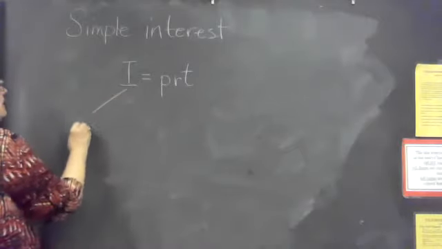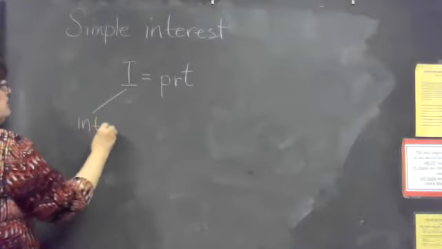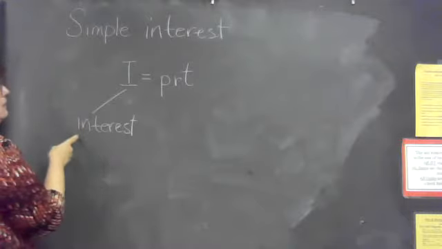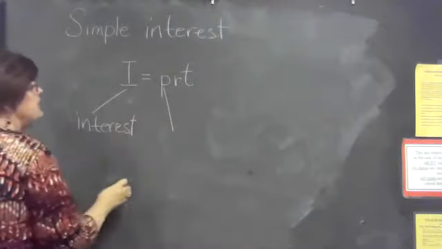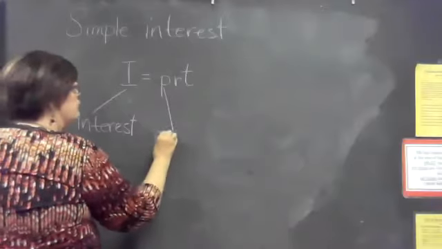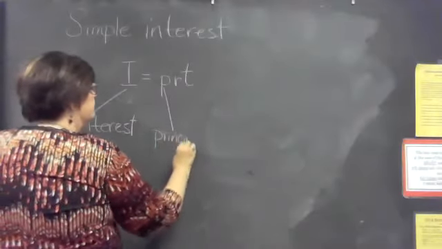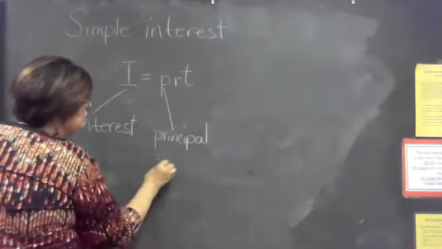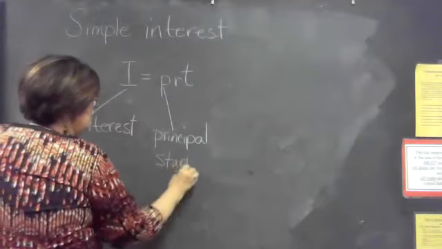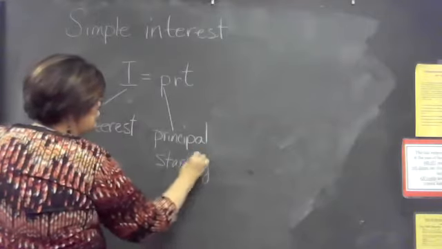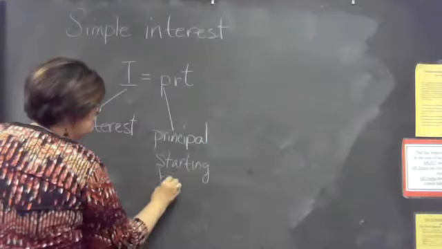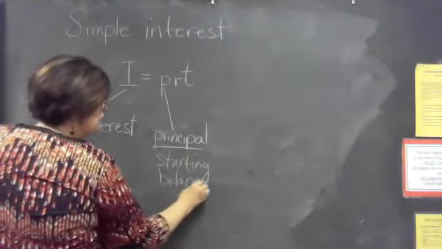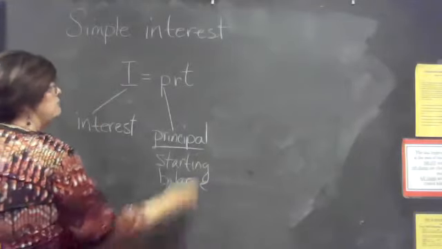The I stands for just the interest, and we'll talk about that in a minute. P stands for the principal. The principal is the starting or original balance. That's what you start with.